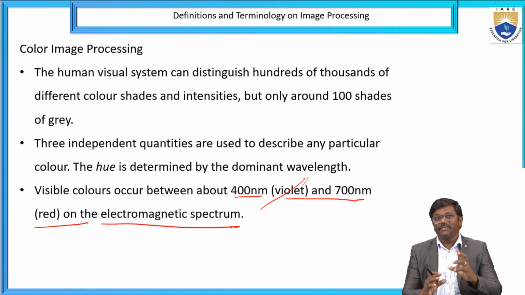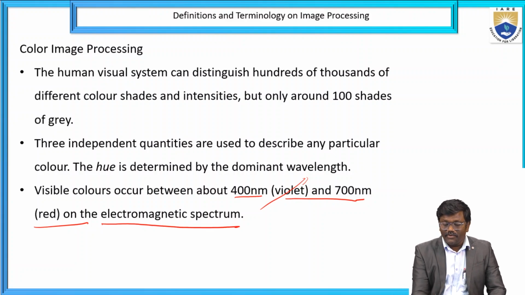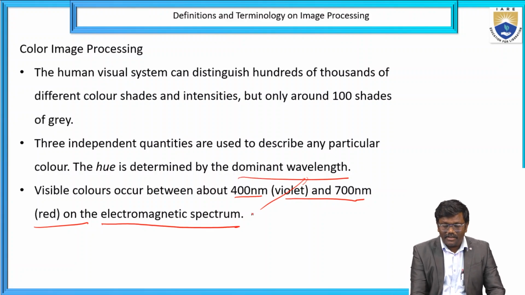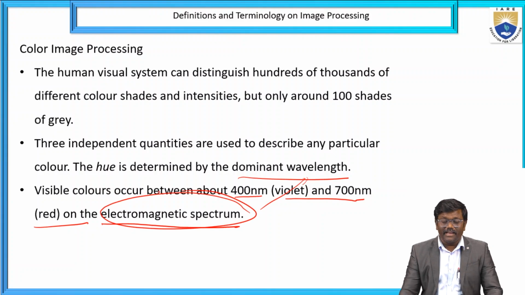Based on this spectrum, hue is determined by the dominant wavelength, which we define from the electromagnetic spectrum. That is the fundamental definition about color image processing.